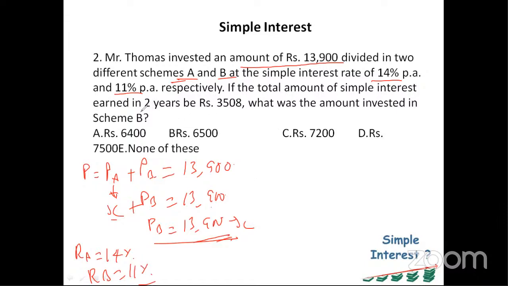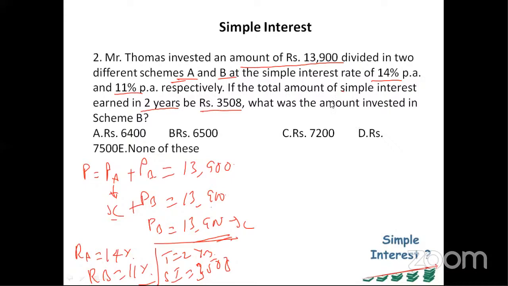T is also given. T is 2 years. And the total amount of simple interest is also given. That is 3,508. Now all we have to do is substitute these values in this.